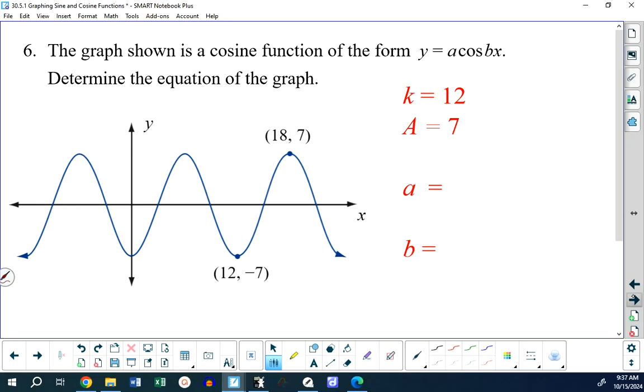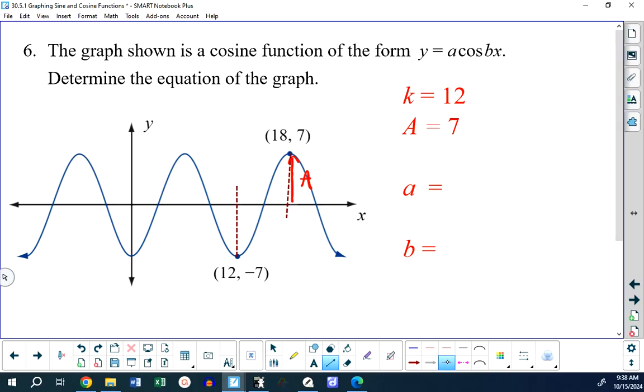If you were to go back to example 1, I gave you this graph, and I said, before we knew about little a and little b, what's the amplitude and what's the period? And we said it goes from -7 to 7, so it's balanced vertically, which means that this is the amplitude of 7. And then I also said this minimum has an x-coordinate of 12.